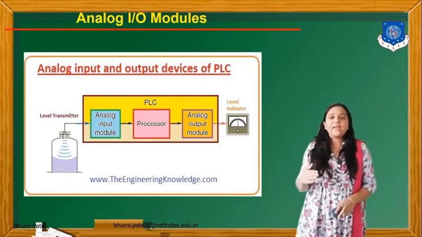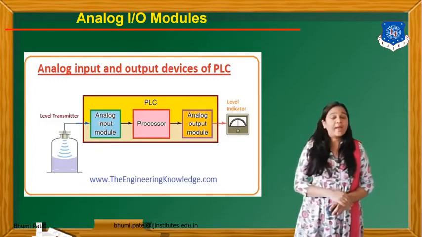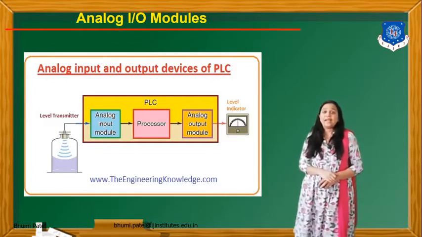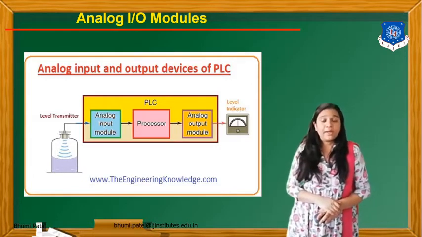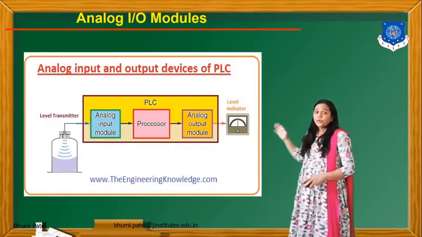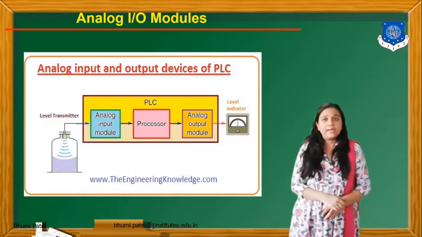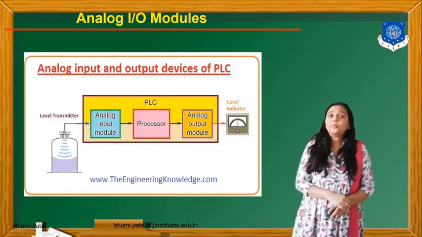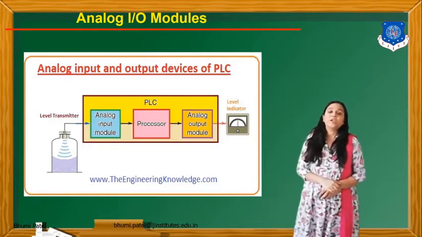Now, as in the analog input module, the output module also has multiple devices connected, like 2, 4, 16, 32 devices connected to one analog output module. To the analog output module we can connect a level indicator. What is the function of the level indicator? It indicates the level of this particular system.